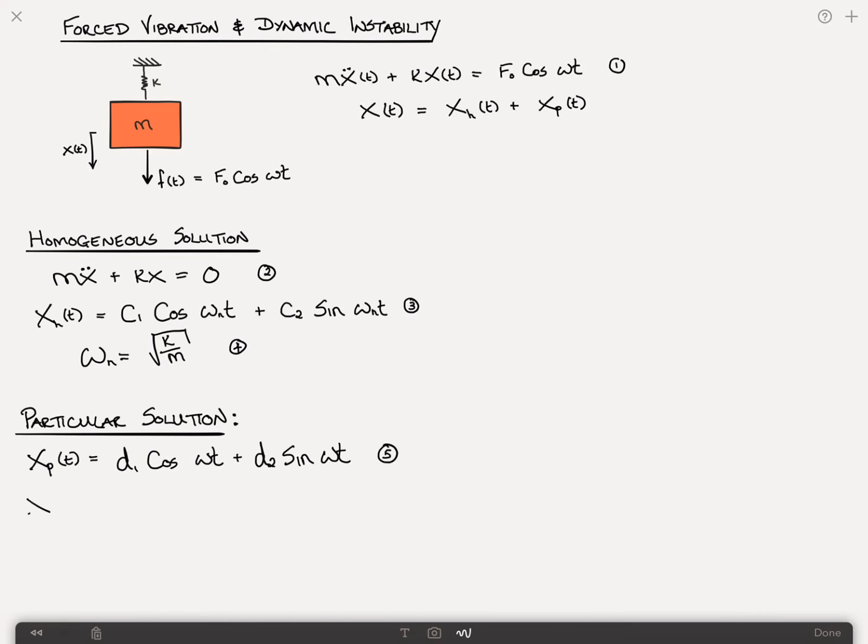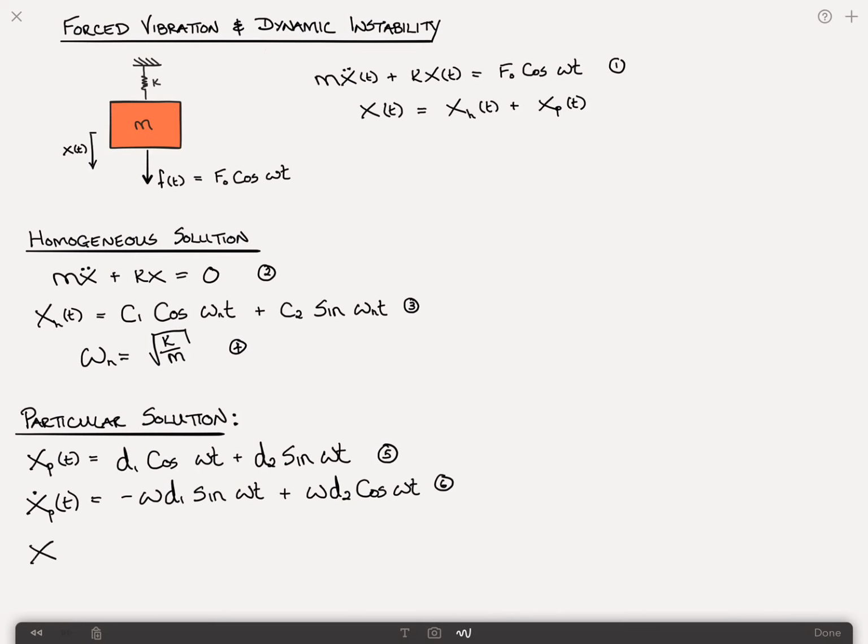Taking the derivative of equation 5 with respect to time, x dot sub p of t is equal to minus omega d1 times sine omega t plus omega d2 times cosine omega t, equation 6.